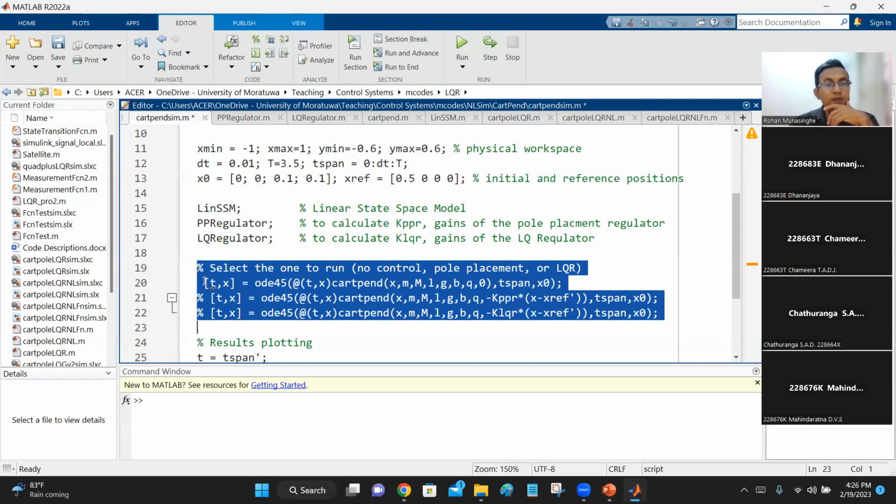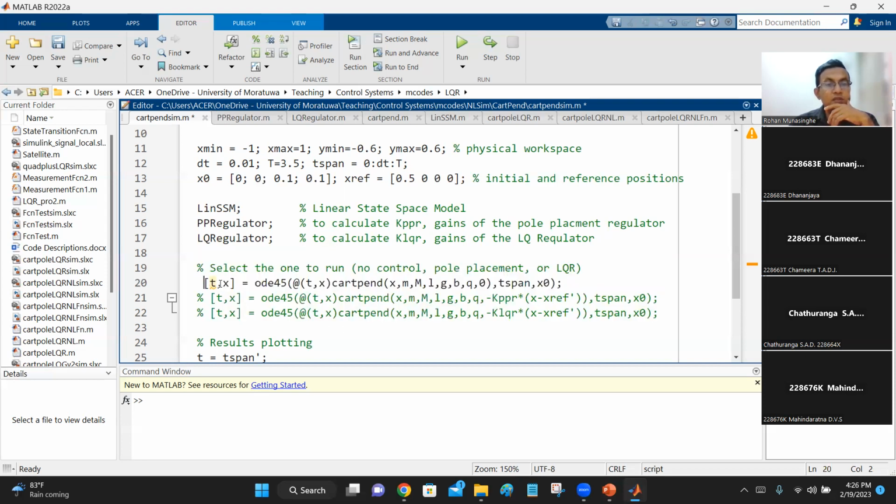I have selected the first one. I have the equations to solve using the ODE45 function in MATLAB. When you have differential equations that you want to simulate, you can use ODE45, right? Cart pen, this one. So I use the linear model for that, unfortunately.